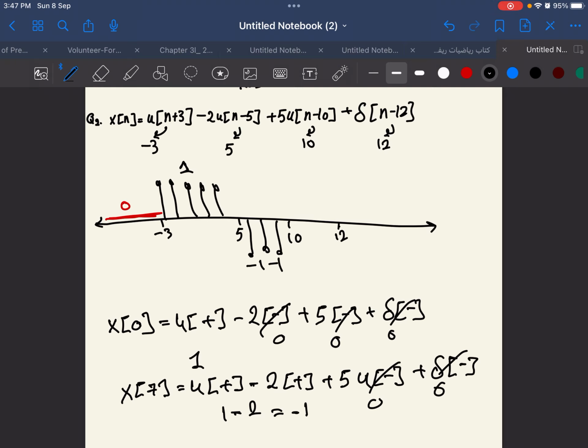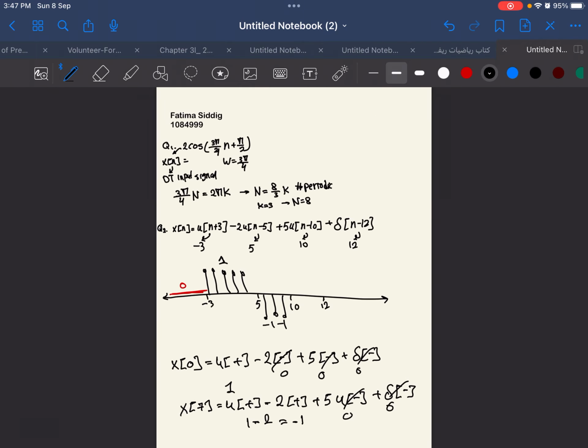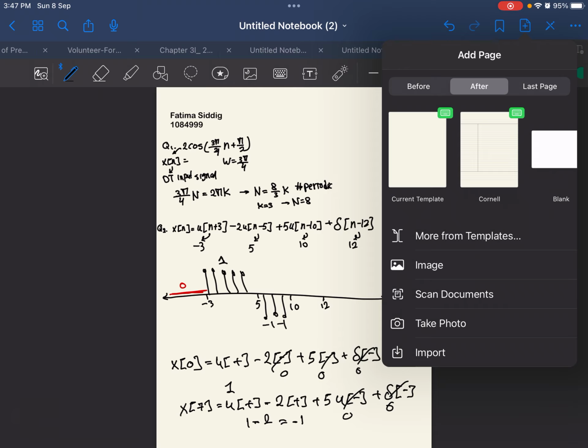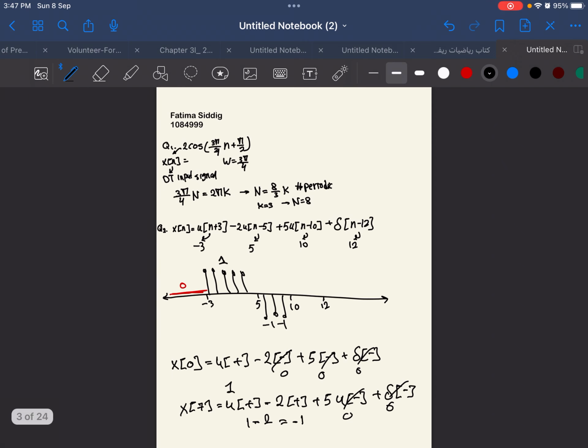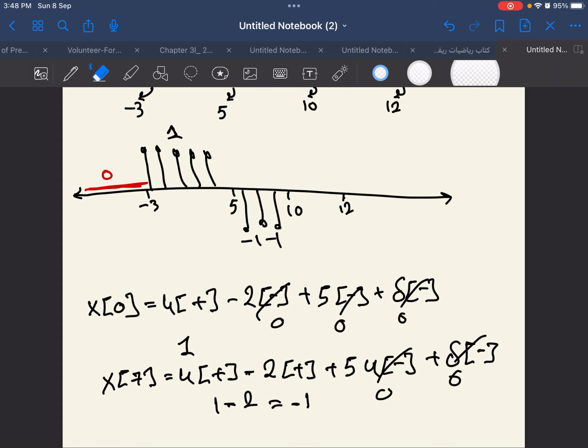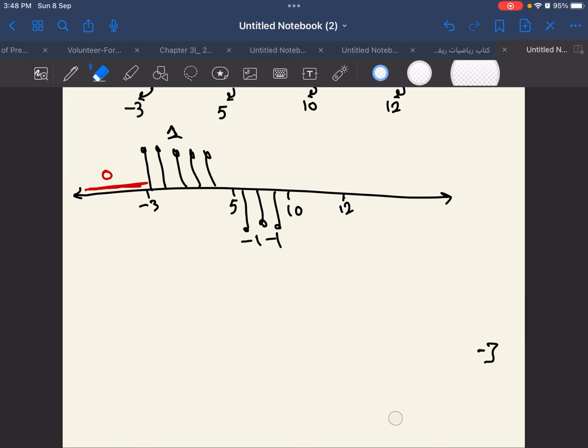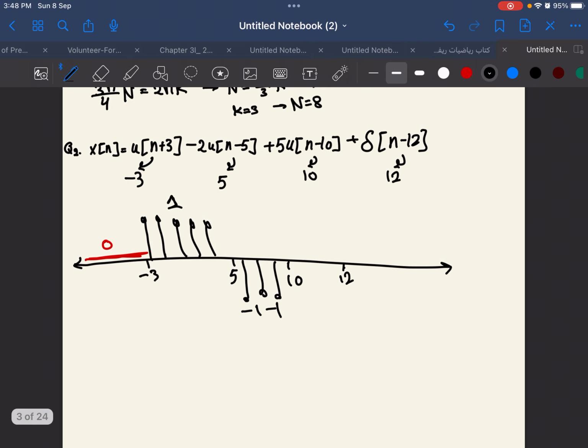Now let's see the value between 10 and 12. Let me delete this one. So for a value between 10 and 12, let's say we choose 11.